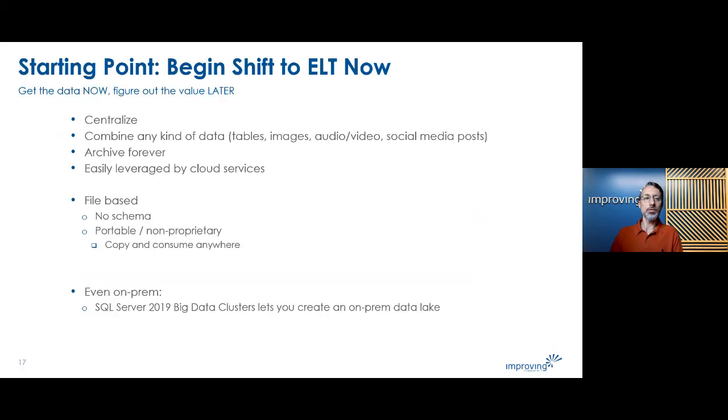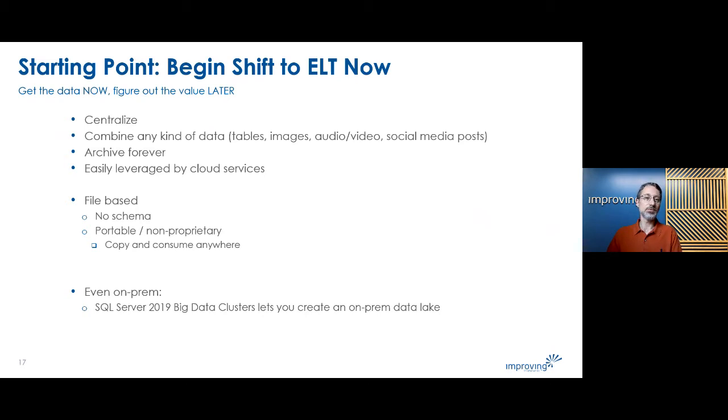All right, so if we're going to start modernizing our data architecture, what's a recommended starting point? Well, there's a shift that needs to start occurring in terms of thinking, if not actual action, and that is the paradigm shift of ELT. This is get the data now, figure out what to do with it later.